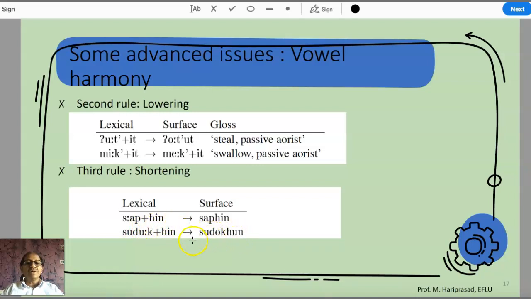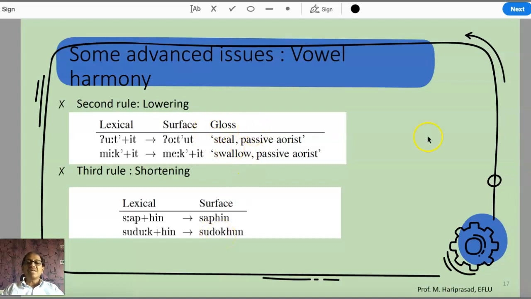There is rounding applying on this, and U becomes O, lowering happens, and also the length has become short. Suduk becomes sudokun. O is lower, short.